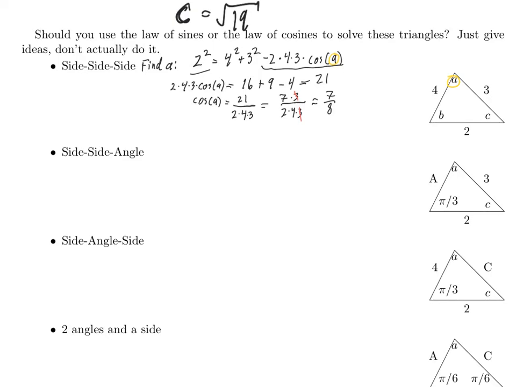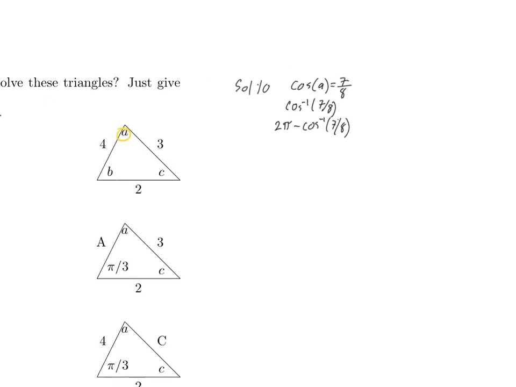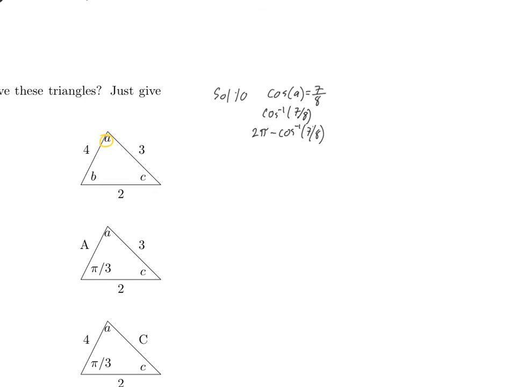And let's think about this. What are the solutions to cosine of A equals 7 over 8? Well, one of them is cosine inverse of 7 over 8. The other reference solution is 2 pi minus cosine inverse of 7 over 8. But think about what cosine inverse is.